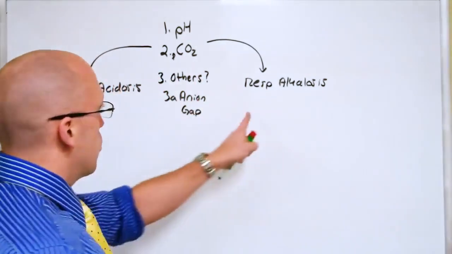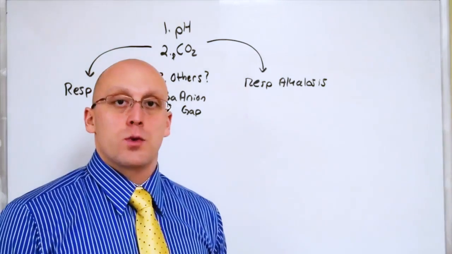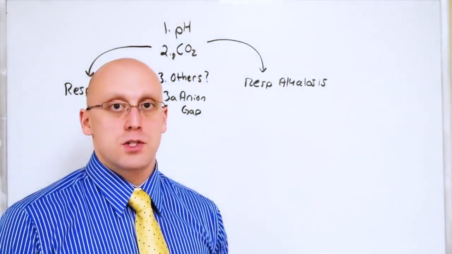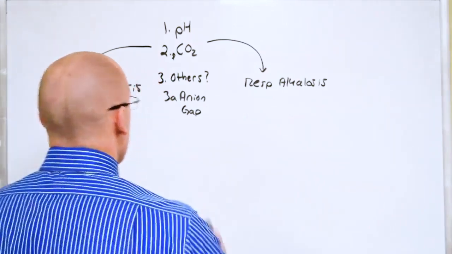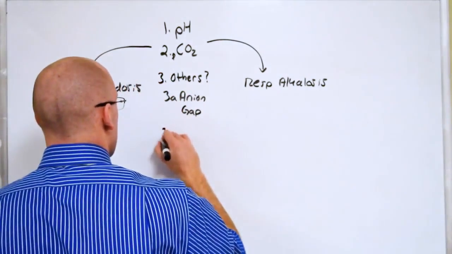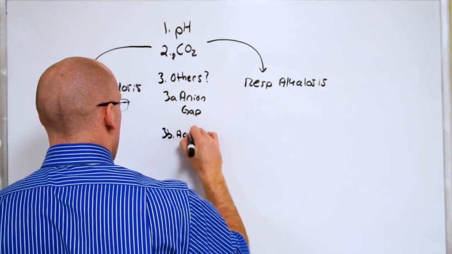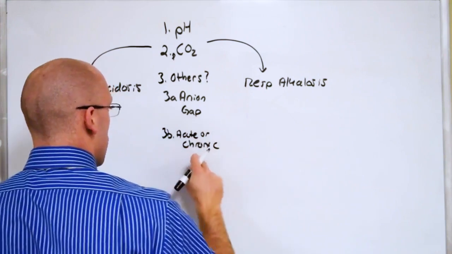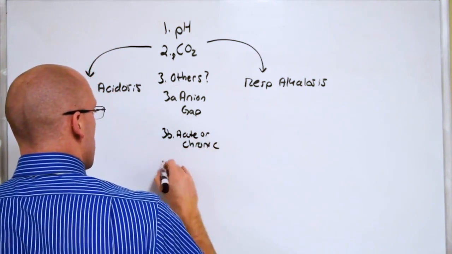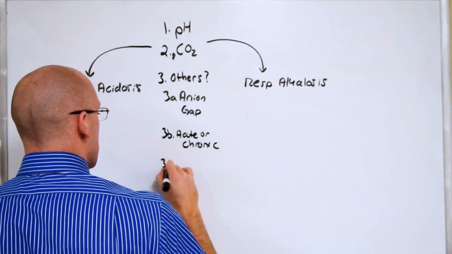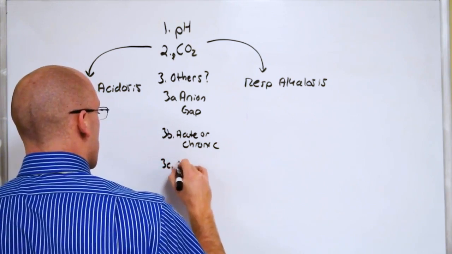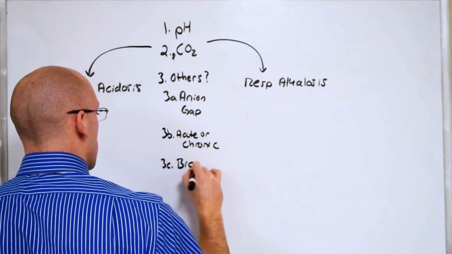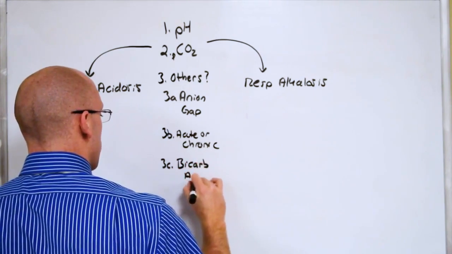But for respiratory disturbances, which is why we're doing them together, both respiratory acidosis and alkalosis, step 3B is to determine acute or chronic. That is, is this current problem acute or chronic? We'll talk about how to do that in a minute. And then you say, is the CO2, that is the bicarb, is the bicarb appropriate?